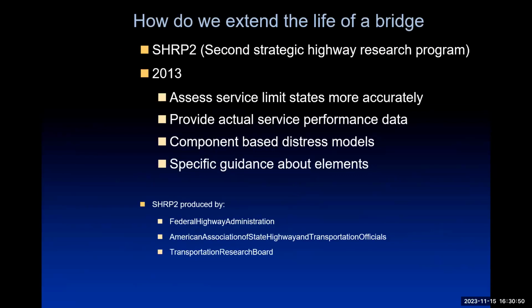Then how do you extend the life of a bridge? SHRP2, produced in 2013, was the second Strategic Highway Research Program, and it assessed service limit states more accurately and provided actual service performance data of real structures.